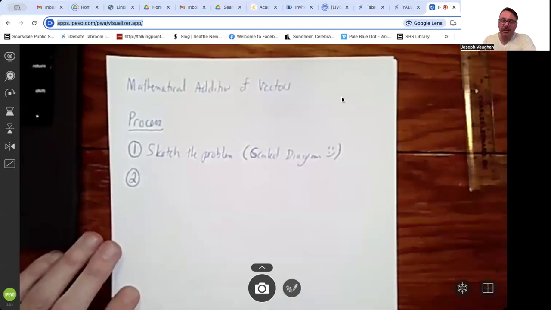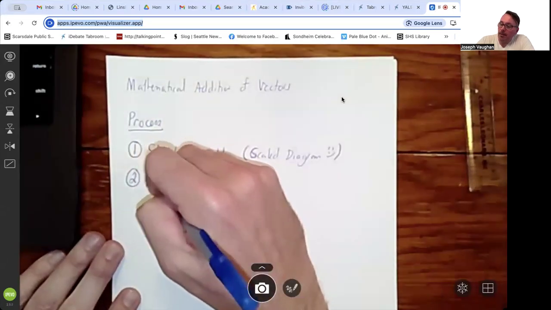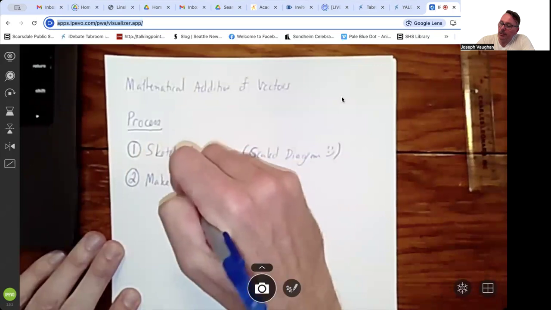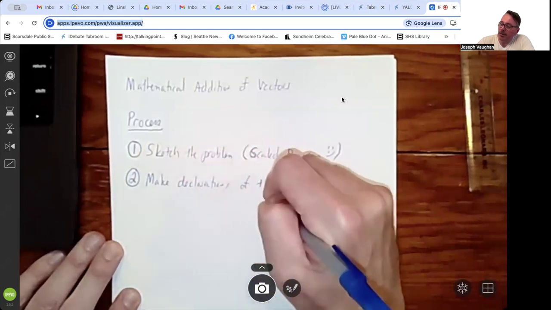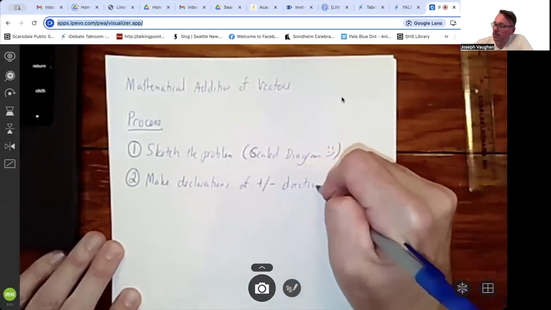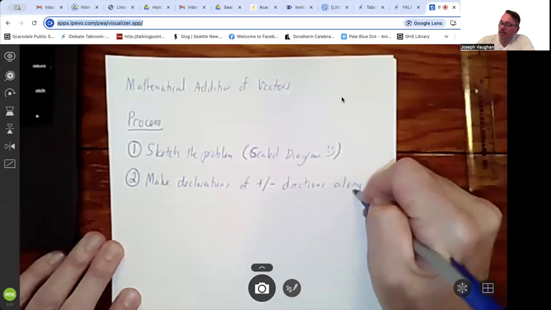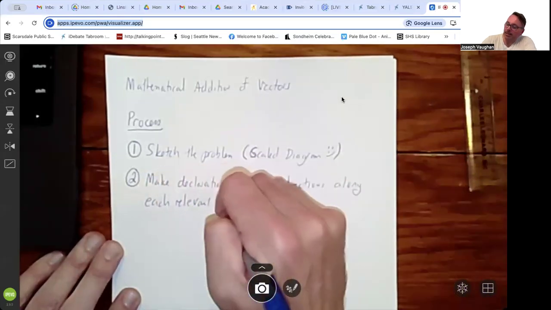So the second thing that I'm going to do with my process is make declarations of positive and negative directions along each relevant axis.